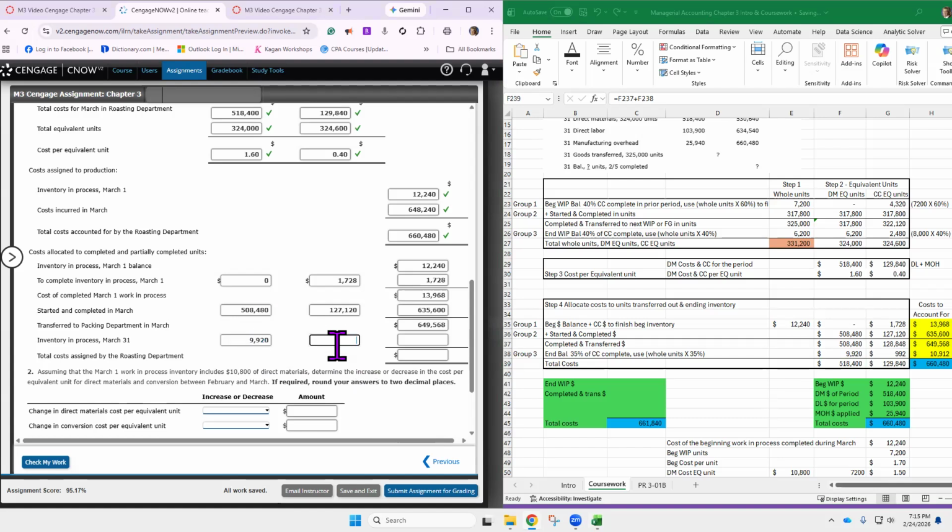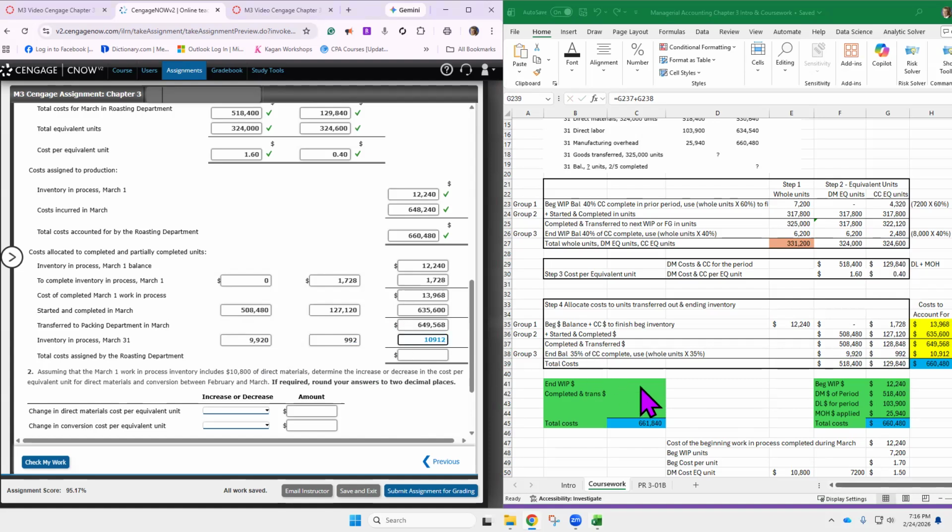And then the ending inventory for conversion is 2,480 units times 40 cents, which gives you $992. We're going to add across. For that is 10,912.